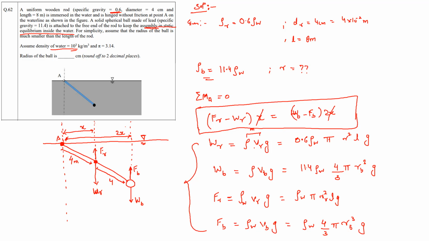Excuse me, sir. Yeah, Ashwin, please. Sir, the thing that they've given us is that the radius of the ball is much smaller than the rod, right? So that is for taking the center of mass of the ball at 2x distance. Exactly. I think I skipped over this point. Thanks for reminding me. They have said that for simplicity, assume the radius of the ball is much smaller than the length of the rod.